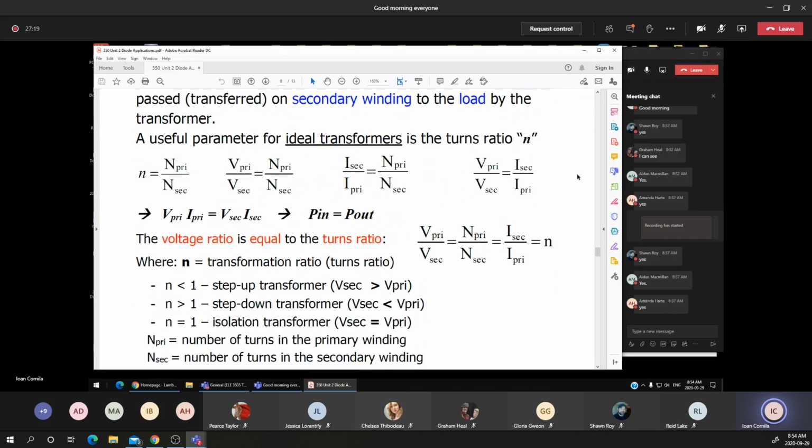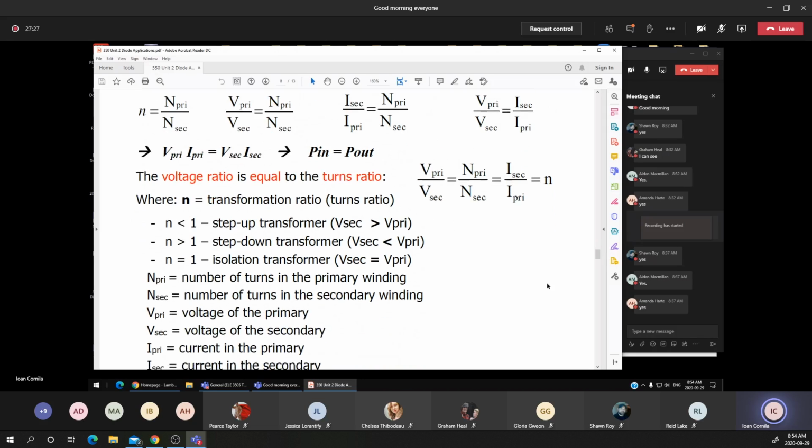Now, there are always some losses associated with any electrical machine. To put them together, and this is one of the equations that will be given, the ratio of the primary voltage over the secondary voltage equals the number of turns in the primary winding over the secondary winding, which is equal to the current in the secondary winding, pay attention to that, over the current in the primary winding.